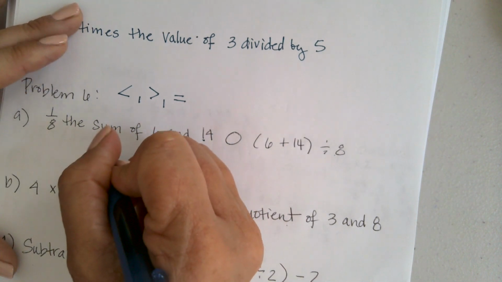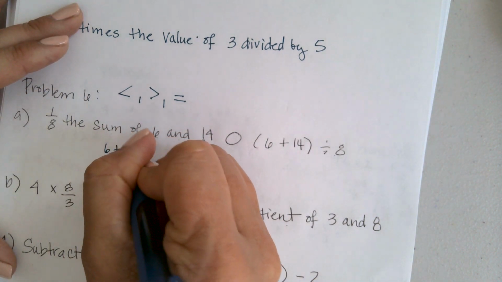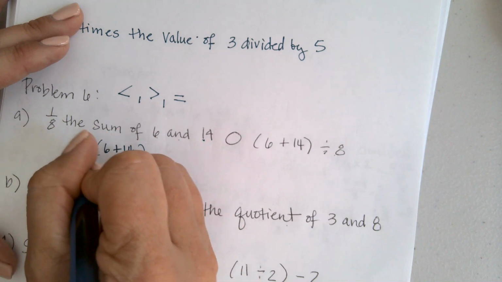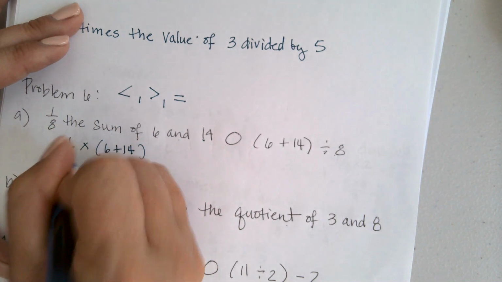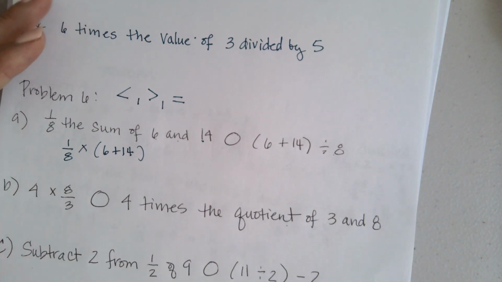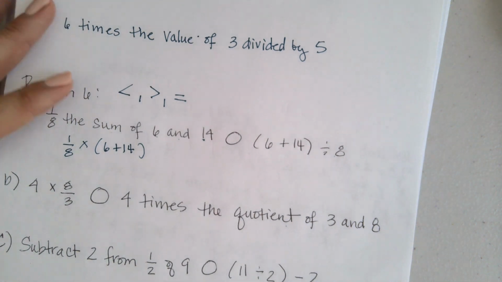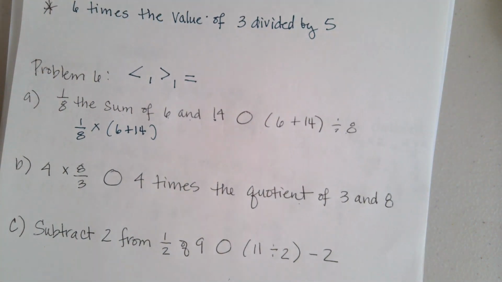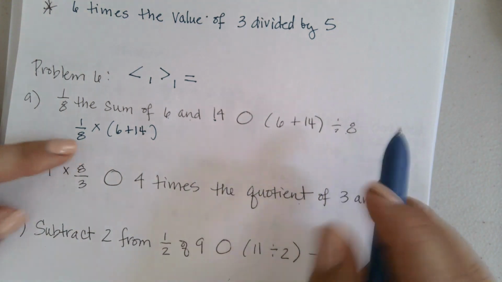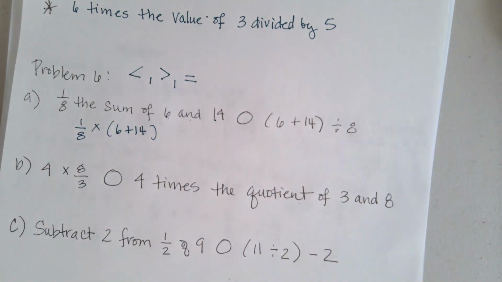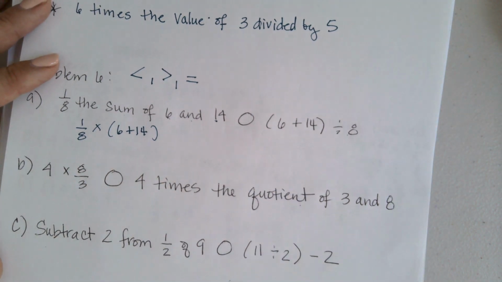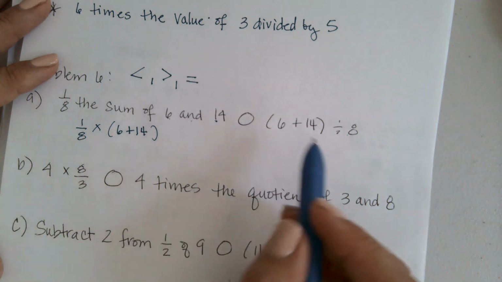So we know 6 plus 14 times 1/8. Okay. So it's easier if you take the problem and write out the problem before you solve. So you have to evaluate these before you can use your compare and contrast signs. That is my little nugget of knowledge.